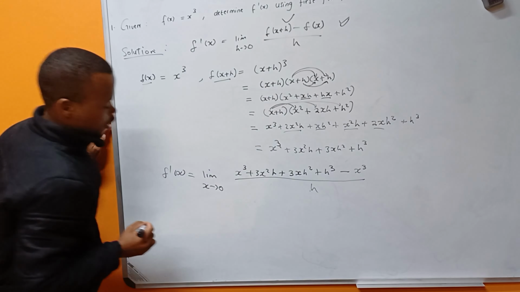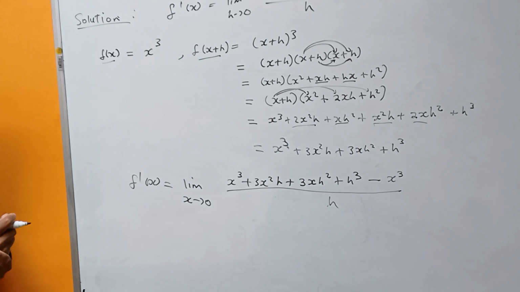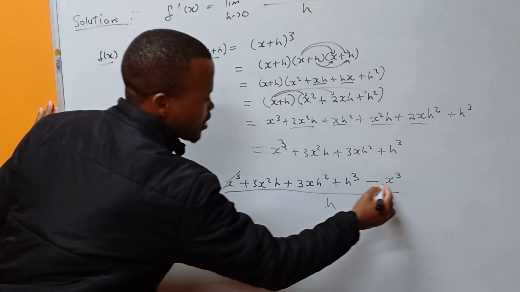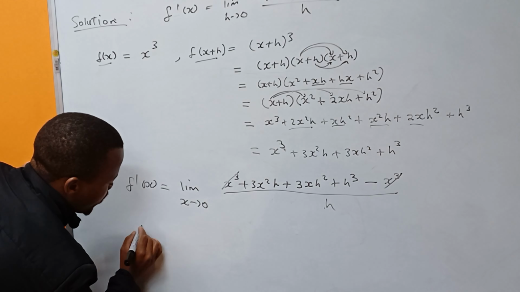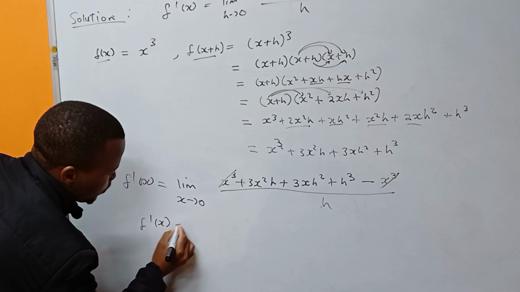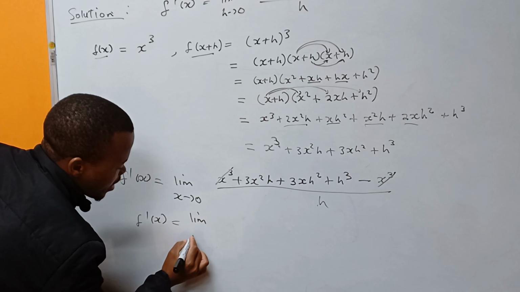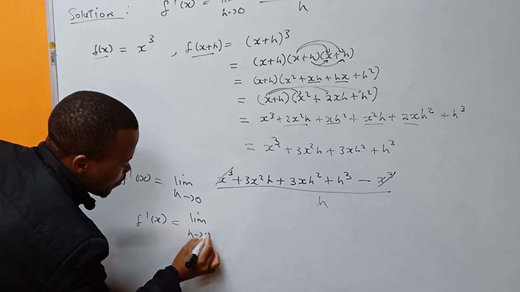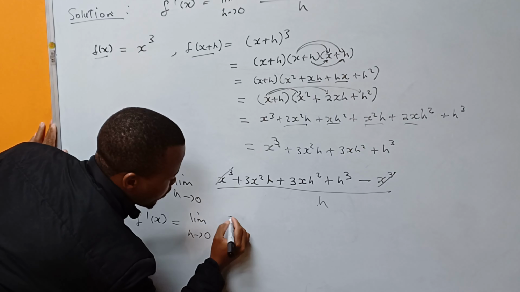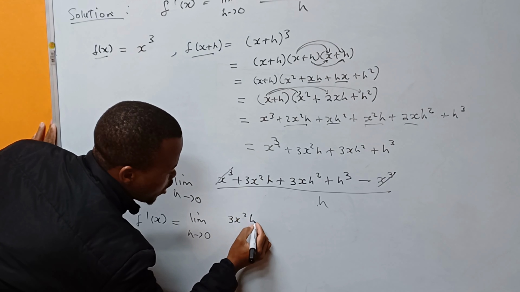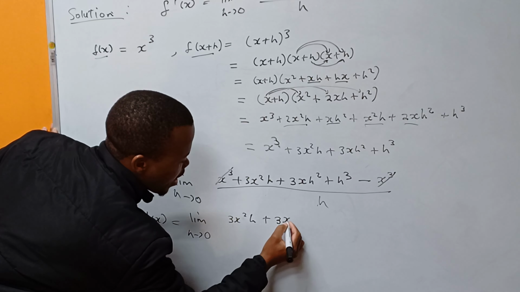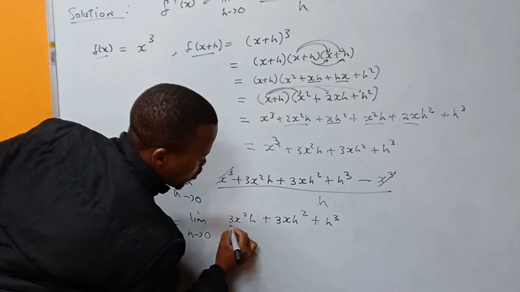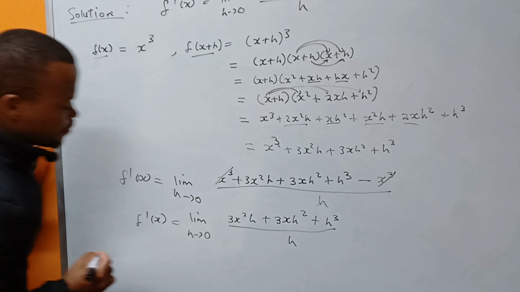all over h. So now let me look, do I have like terms? Yes, I do have like terms. So the two like terms cancel, then I'll be left with the limit as h approaches 0 of 3x squared h plus 3xh squared plus h cubed all over h.